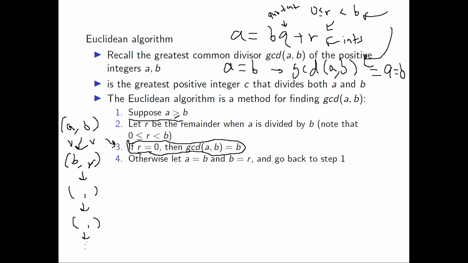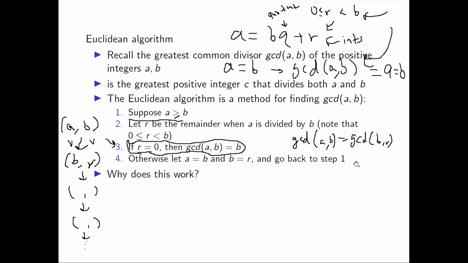So this Euclidean algorithm, the reason why it works is because GCD of A and B equals GCD of B and R. And let's talk about for a little bit why that's true. So why does it work?